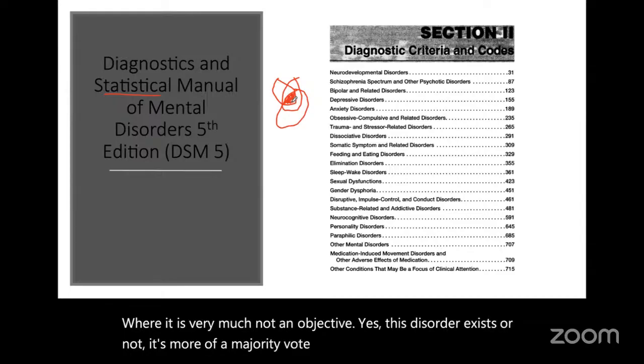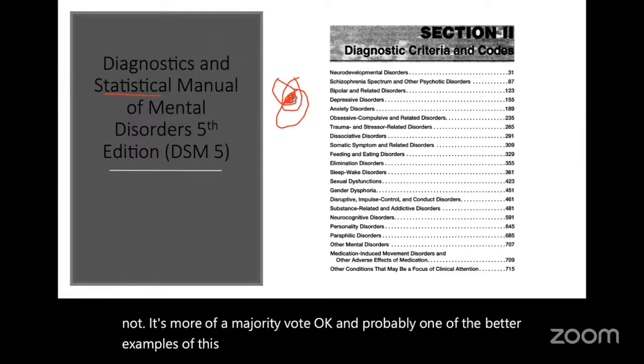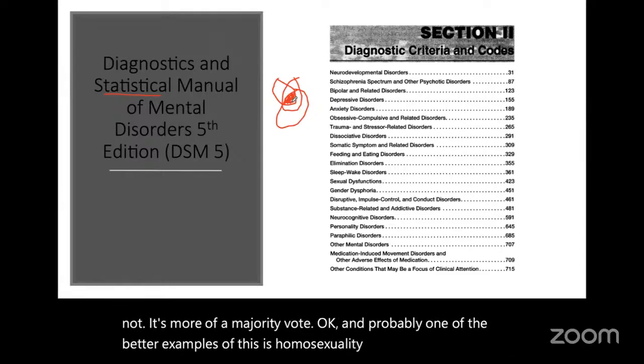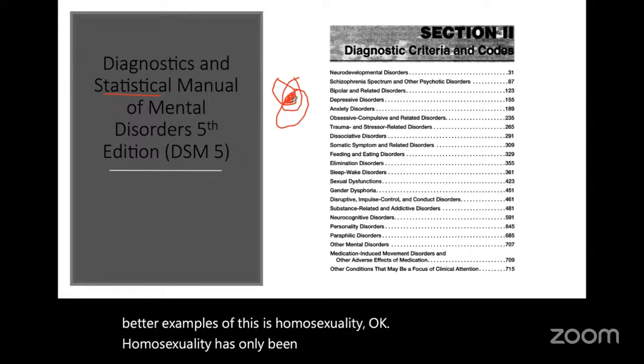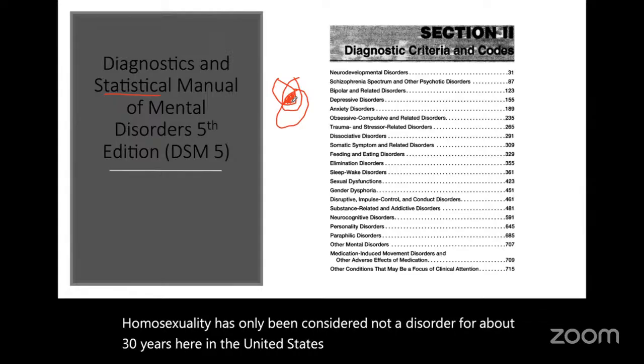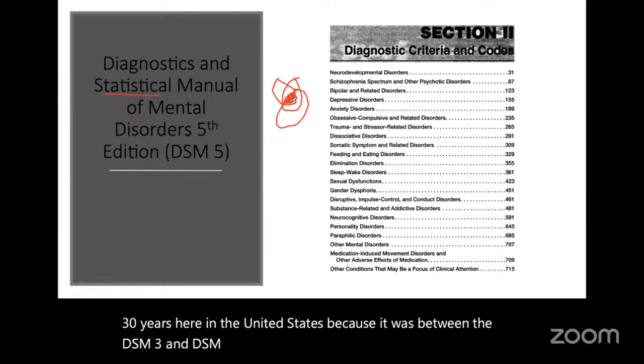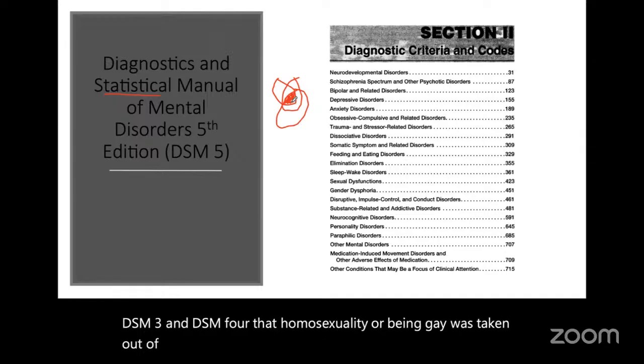And probably one of the better examples of this is homosexuality. Okay. Homosexuality has only been considered not a disorder for about 30 years here in the United States, because it was between the DSM-3 and DSM-4 that homosexuality, or being gay, was taken out of the DSM.